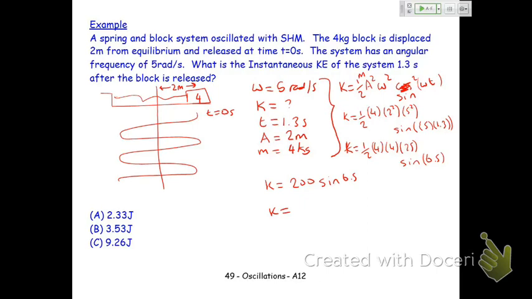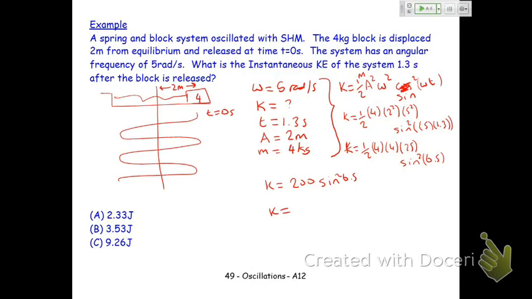200, oh I'm sorry, it's sine squared, isn't it? So I need to do sine squared. So I've got to be a little bit careful here. What I do is I go sine 6.5, and then I got to square that. That's what that means. It's not sine of the angle squared, it's sine squared.